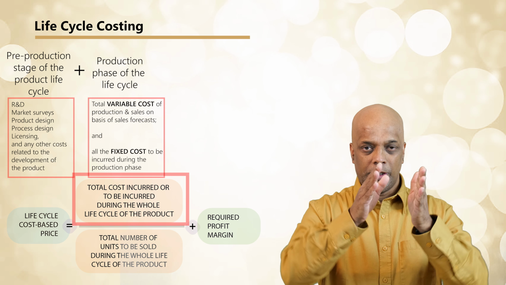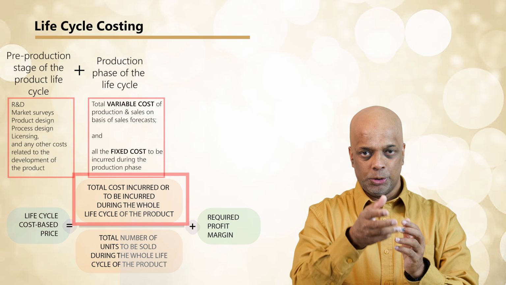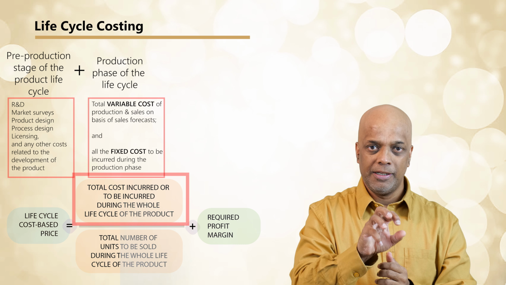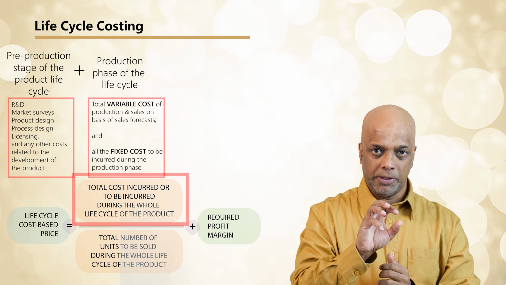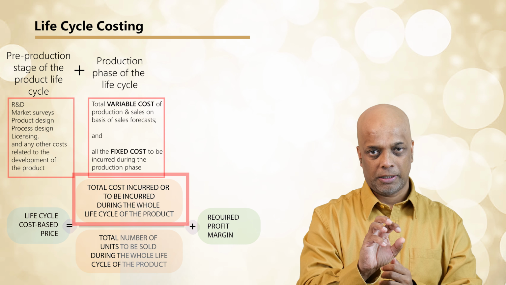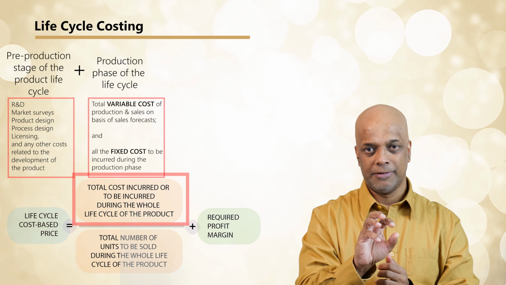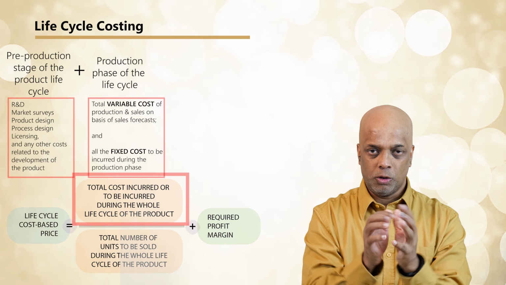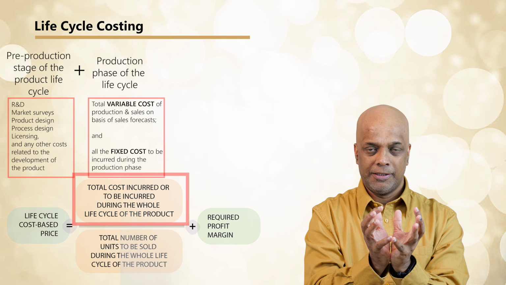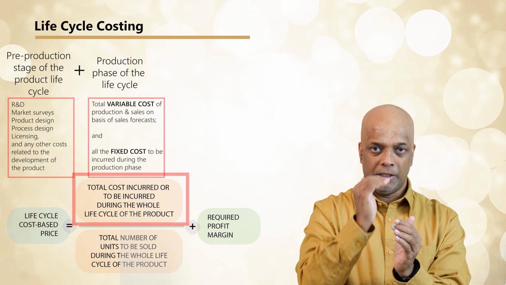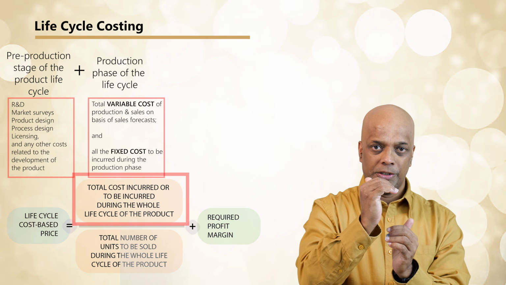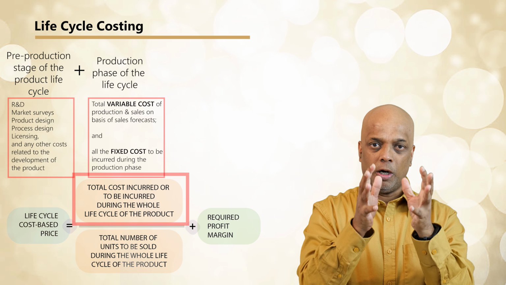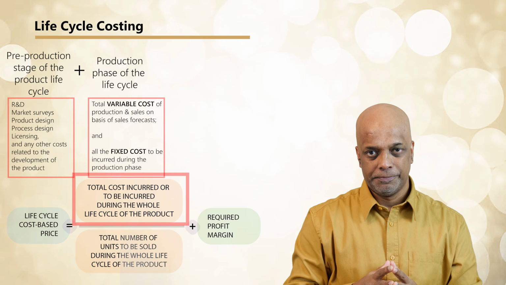And then during the first year, using activity-based costing or any other costing methods, you would calculate the variable cost per unit of this particular product, and then you can calculate the total variable cost to be incurred in the first year, given that you are estimating to produce and sell a particular amount of units.